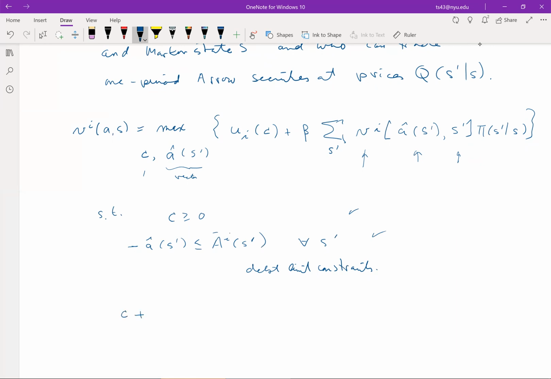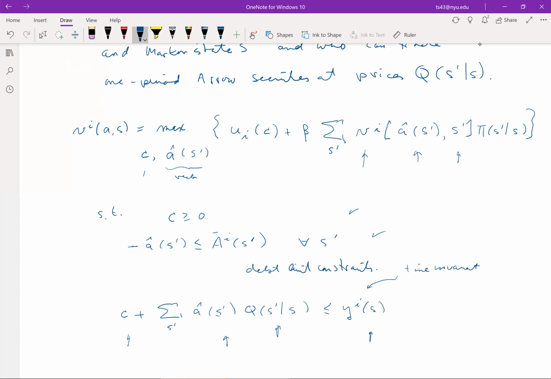So consumption, what I consume, and then what I buy in my portfolio. So this is my purchases. These are my portfolio decisions. I'm buying wealth next period in state S prime. And these are my prices, my kernel. And this has to be less than or equal to my income today in this Markov state. I've expressed this as a time invariant function.